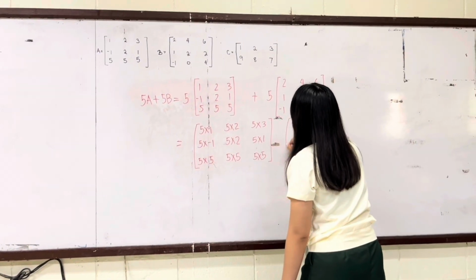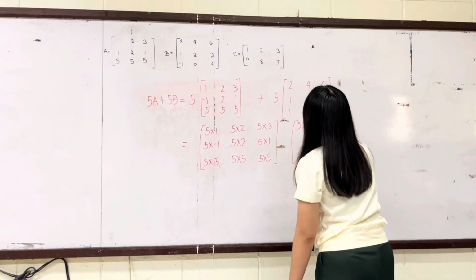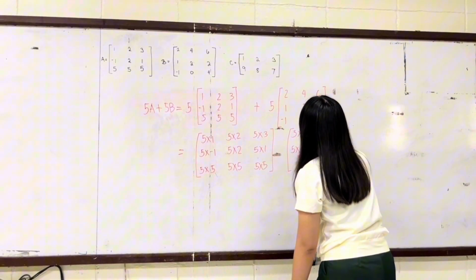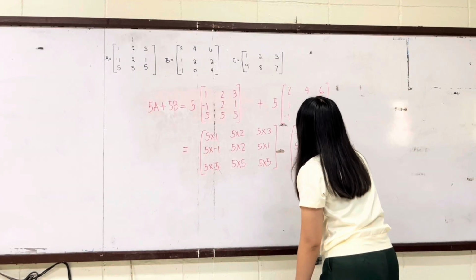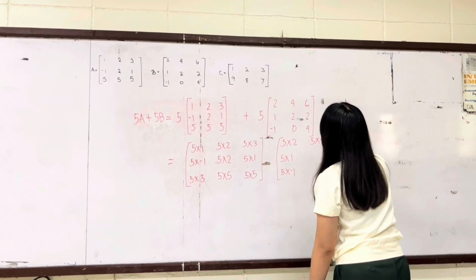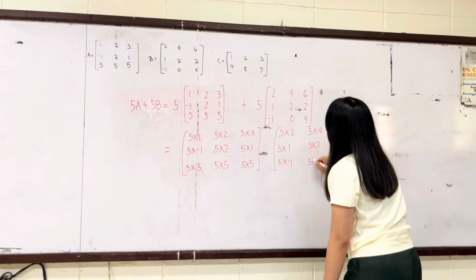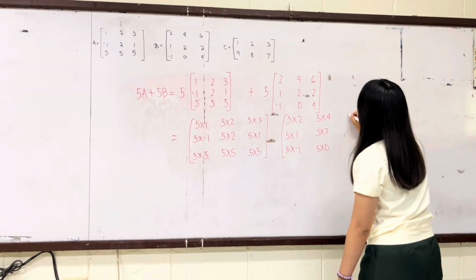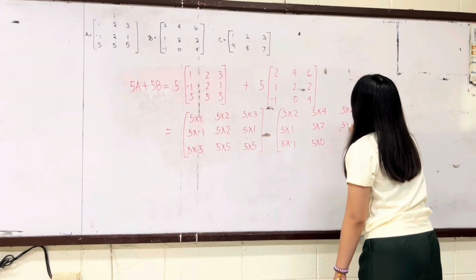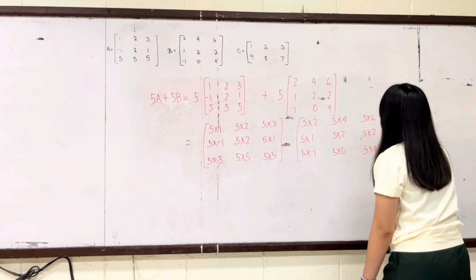Next, 5 times 2. 5 times 4. 5 times 4. 5 times negative 1. 5 times 4. 5 multiplied by 0. 5 multiplied by 6. 5 times 2. And finally 5 times 4.